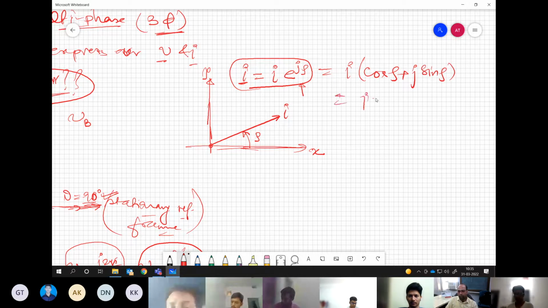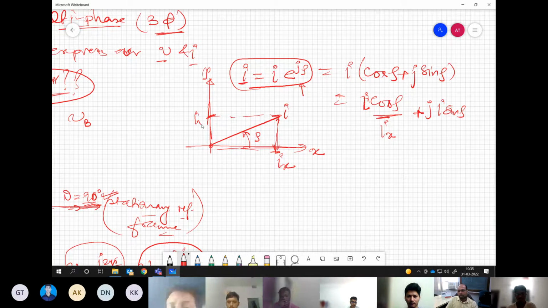So I cos rho is the component of I on this axis x. This is basically Ix, you can say. And I sin rho is nothing but the component of I on this axis. So you understand clearly how we are representing the vector.